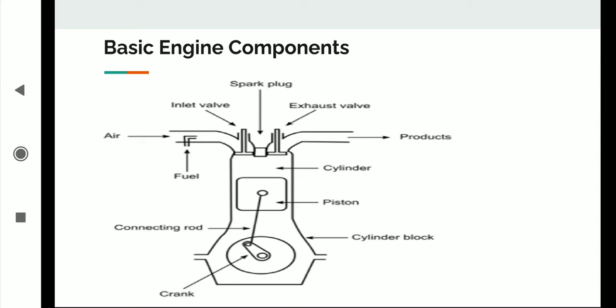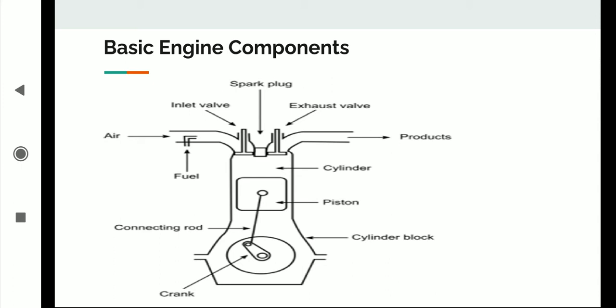In the crankshaft of a single cylinder engine, there are a pair of crank arms and balance weights. The balance weights are provided for static and dynamic balancing of the rotating system. The crankshaft is enclosed in the crankcase.